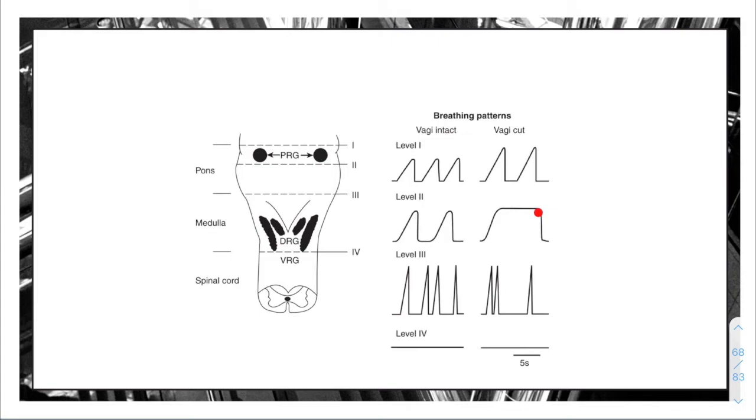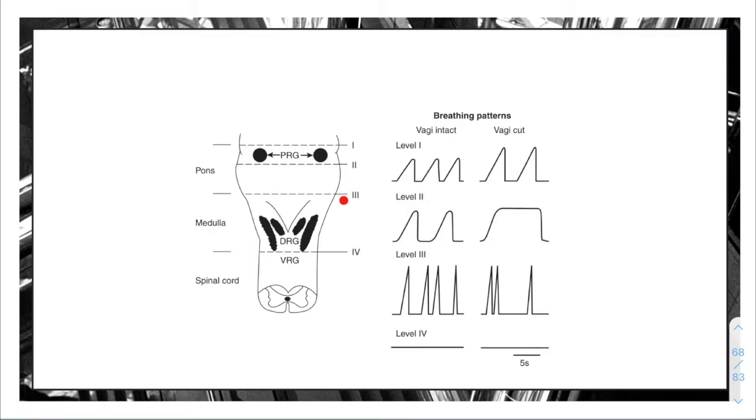Apneustic breathing consists of prolonged inspiratory efforts interrupted by occasional expiration. This is at level 2.